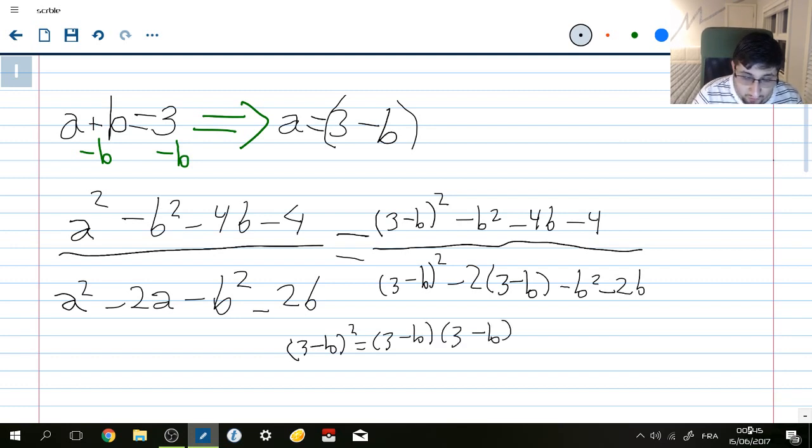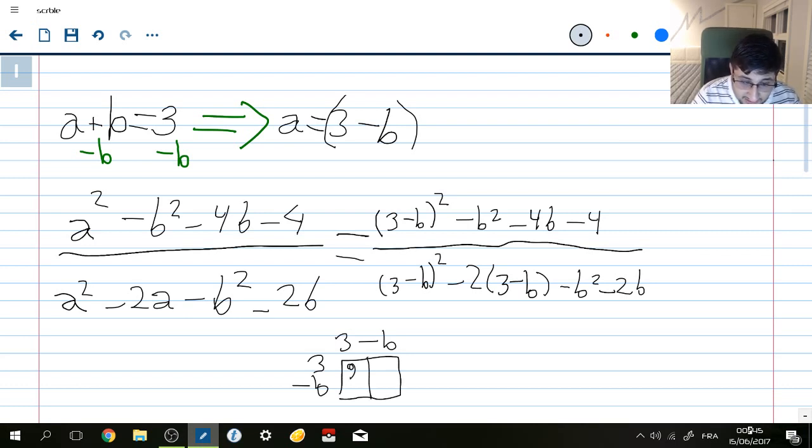Now you could FOIL this, however, in my last video I showed that the grid method is a little more organized, and I generally prefer the grid method along with some other mathematicians, and so we'll just create our grid very quickly here. So then 3 times 3, that's 9. 3 times minus b, that's minus 3b.